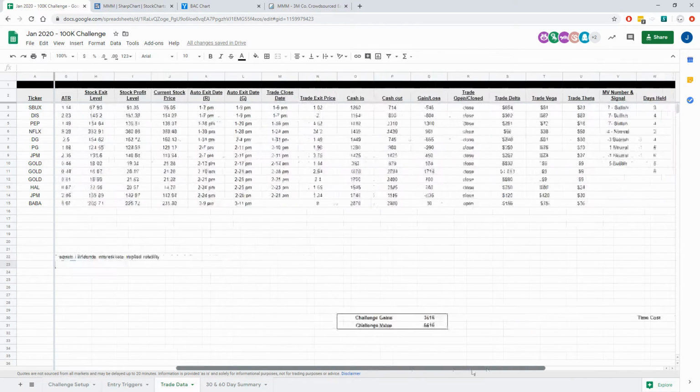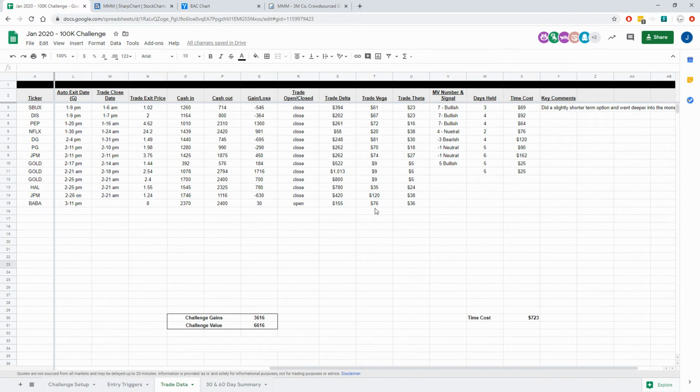For example, with Alibaba, we have an implied volatility, or trade Vega is the Greek that is used, to say, look, when the implied volatility goes up 1 point, the position that we have will rise about $76, approximately. When the implied volatility falls a point, we'll lose about $76.